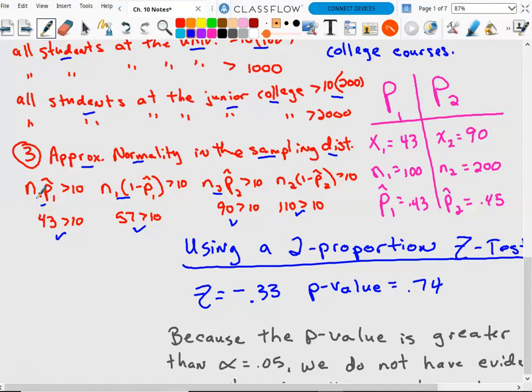The reality is these numbers are just our numbers of successes and failures. Since I knew there were 43 university kids, that's bigger than 10. 100 minus 43 is 57, that's bigger than 10. There were 90 JC students, bigger than 10, and 110 university students, bigger than 10.